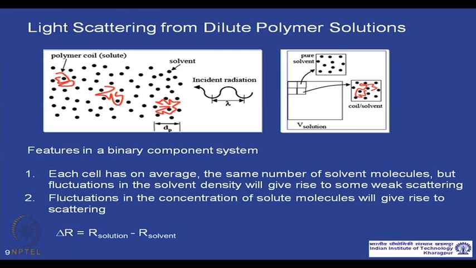Basically, in the instrument we try to detect the scattering only from the solute molecule, in this case a polymer molecule, in a dilute solution so that there are not many intermolecular interactions. We deduct the scattering of the solvent from that determined for the solution, so that we get information on scattering only from the solute molecules.